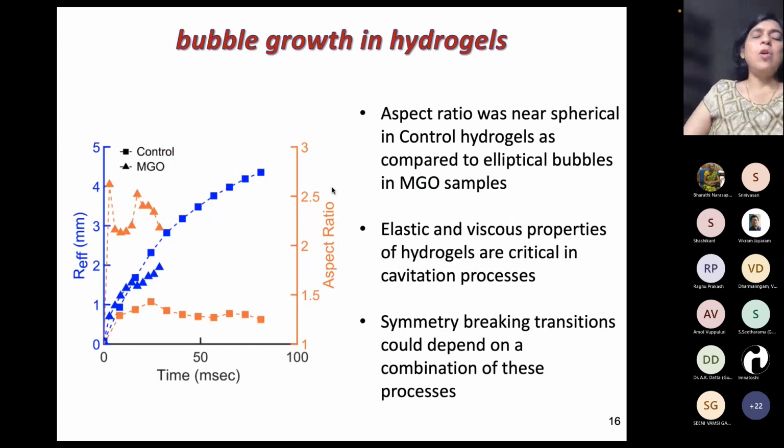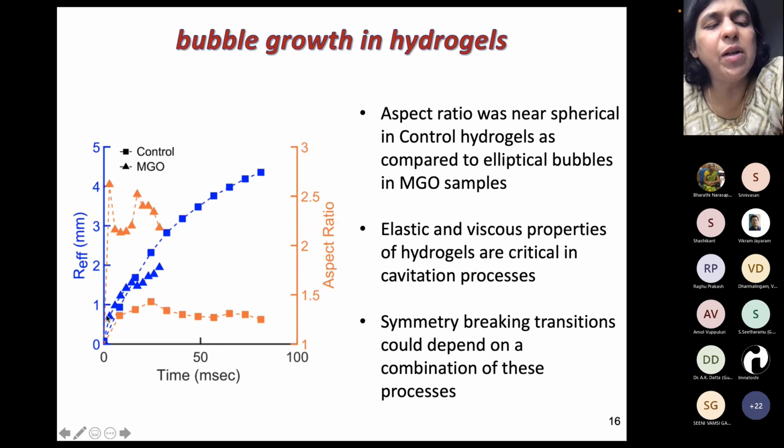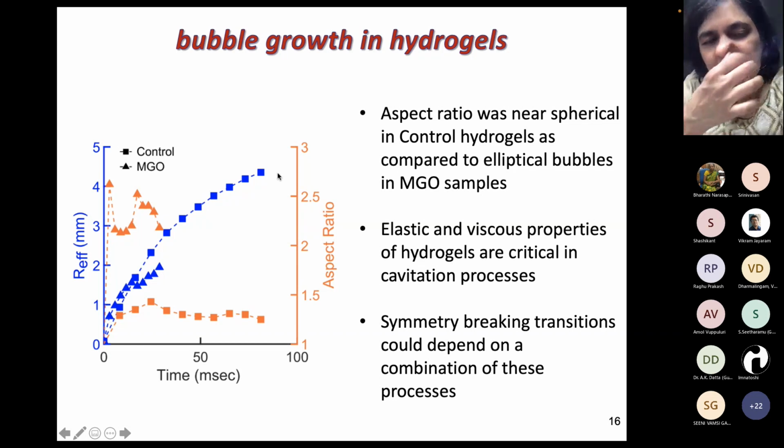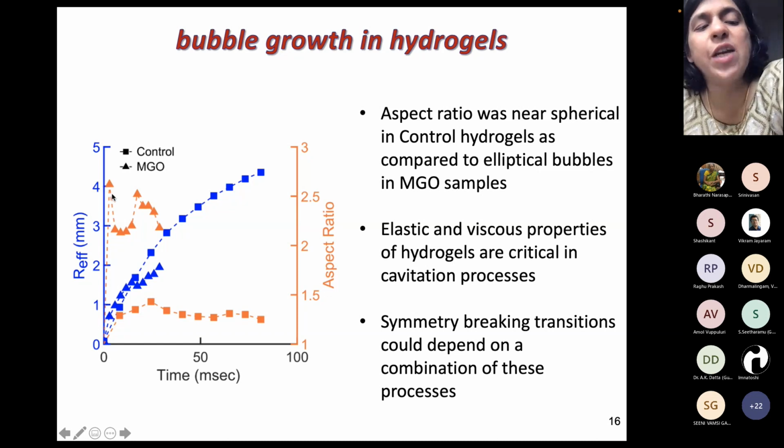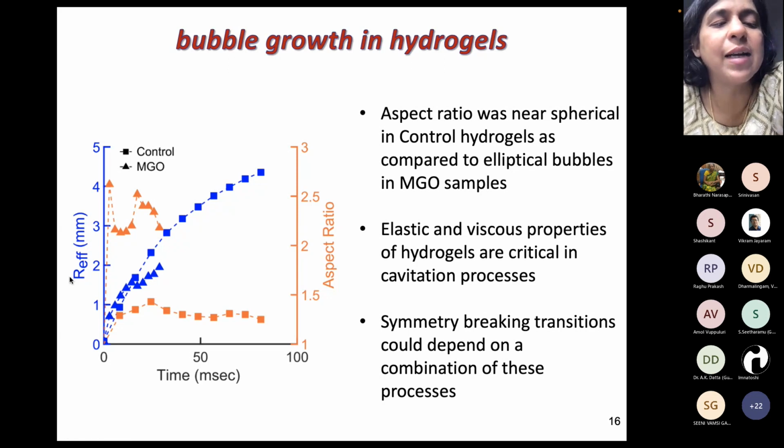We also mapped how the bubble grows as a function of time. The one in square is our control hydrogel and the triangle is the MgO gel. They seem to start in similar ways as far as the growth curve is concerned. But what typically happens in the MgO hydrogel is it starts as an elliptical crack, with the aspect ratio measured as the ratio of major to minor axis of the sphere or the ellipse that we have.